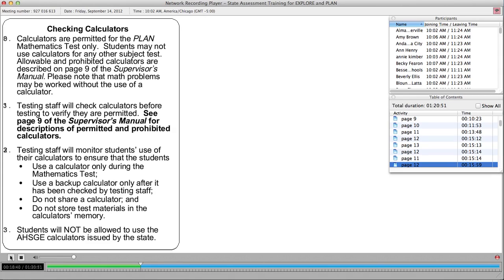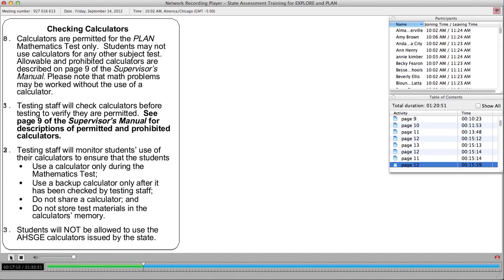Testing staff will check calculators before testing to verify that they are permitted. And again, on page 9 of the supervisor's manual, there is a description of permitted and prohibited calculators. Testing staff will monitor students' use of their calculators to ensure that the students use the calculator only during the math test, and use a backup calculator only after it's been checked by testing staff.